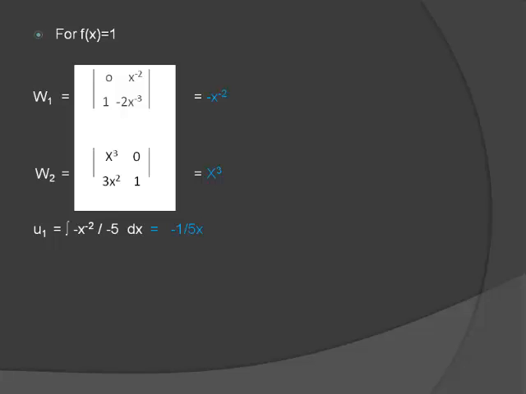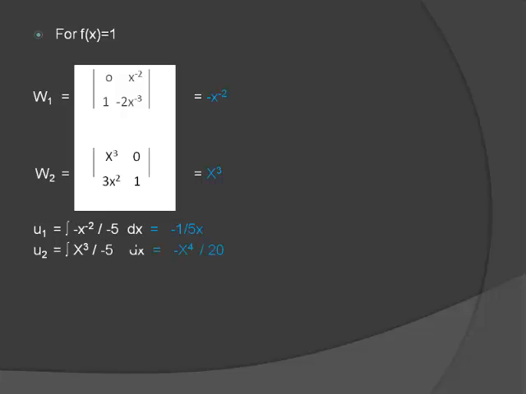Then we can get u1, which is equal to the integral of w1 over w, which is equal to the integral of negative x squared over negative 5 dx. Then evaluate, we can get negative 1 over 5x.